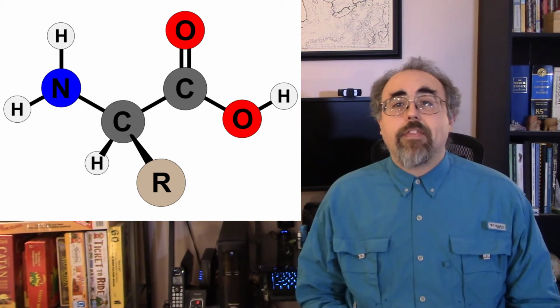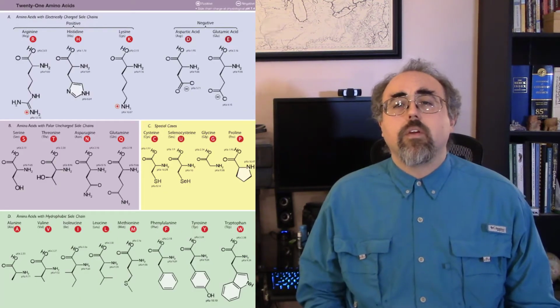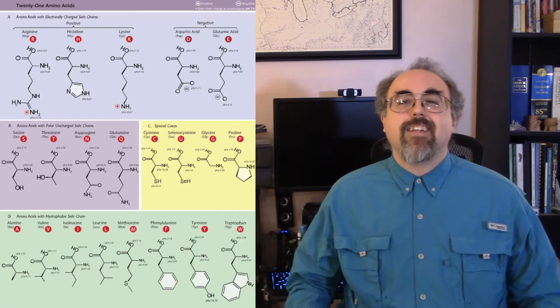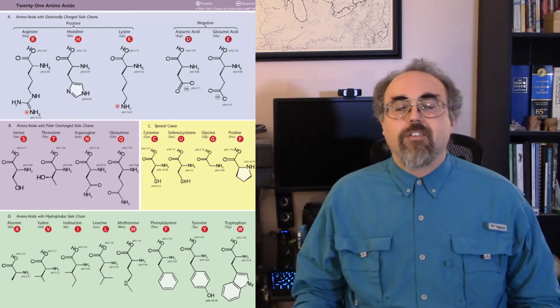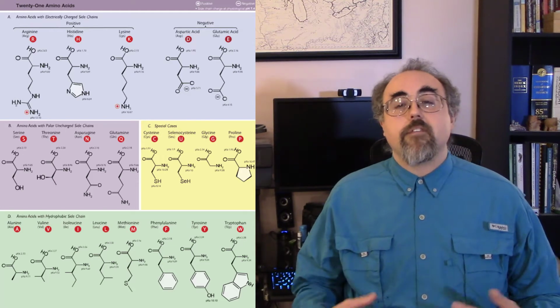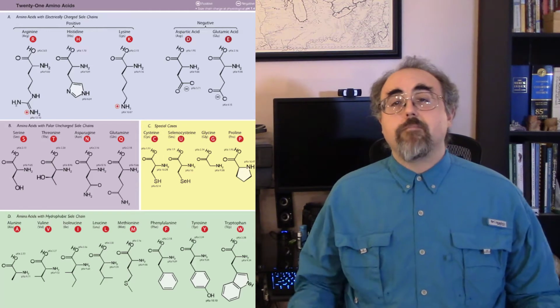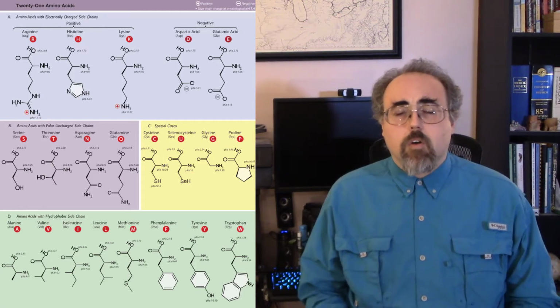Now, when you look at the 20 or so standard amino acids, they can be broken down into a couple of different groups. And I'll caveat here that it depends on who's doing the splitting. In the sciences, we like to talk about clumpers and splitters. Clumpers like to group things by similarity, so we'll have a few large groups, where splitters like to split things up by differences, so I'll have many smaller groups.